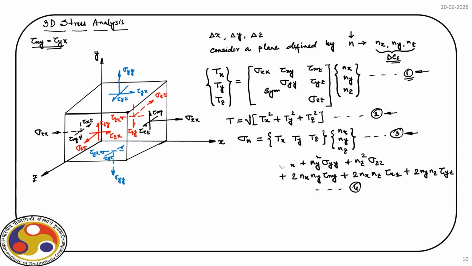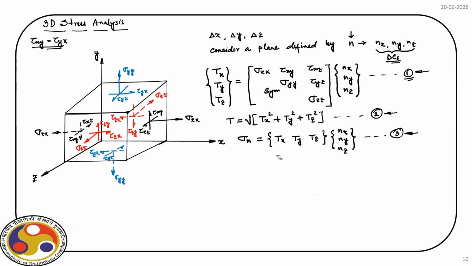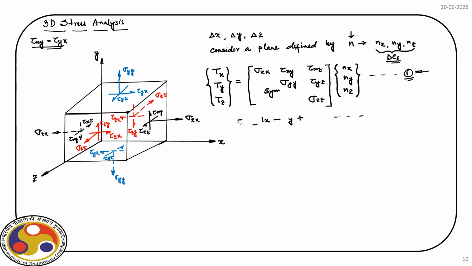So, if we move along this positive x, we can find out the variation of axial stress or normal stress, we should say, and shear stress, right. So, what will be that component? Let us identify that.